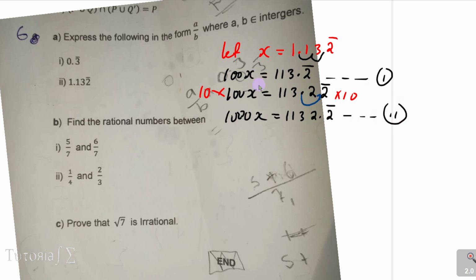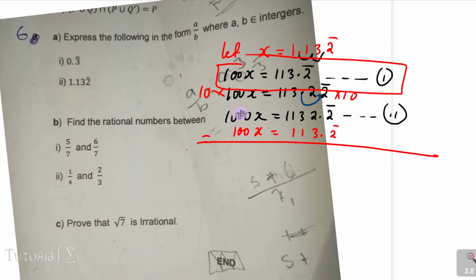Then you subtract equation 1 from equation 2. Equation 1 is this right here, which is 100x equal to 113.2 bar. Then you subtract, so 1000 minus 100 will give us 900x equal to, here we subtract, 2 bar minus 2 bar will give us 0.